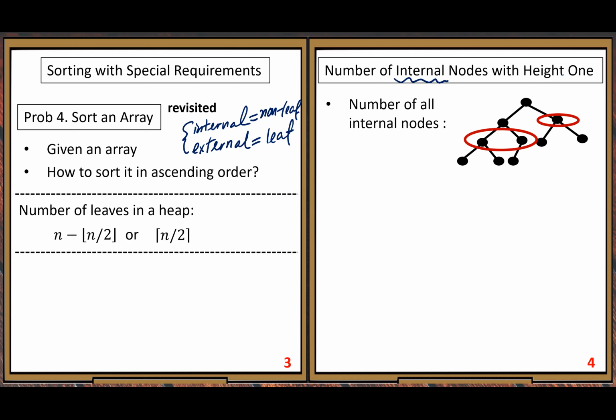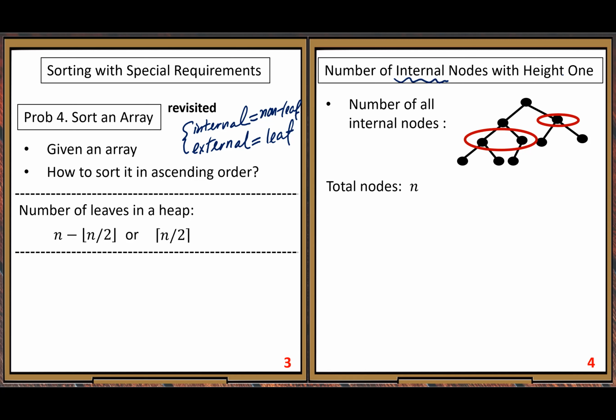How do we write an expression for the number of all internal nodes, the non-leaf nodes, excluding the leaf nodes? The remaining ones are the number of internal nodes, right?